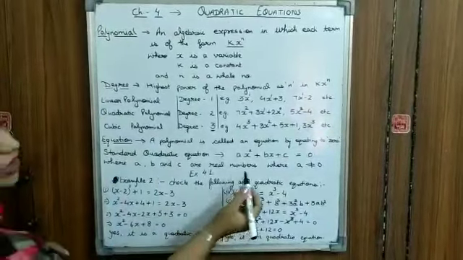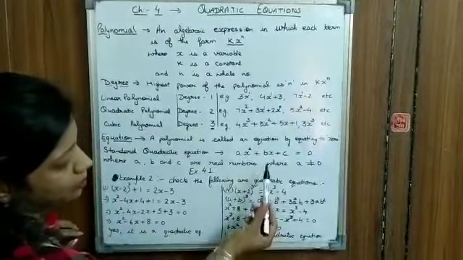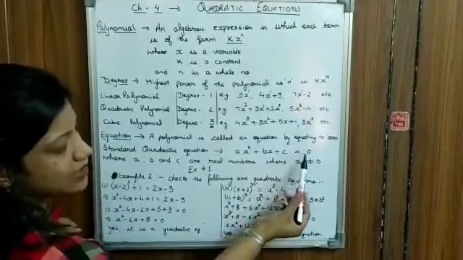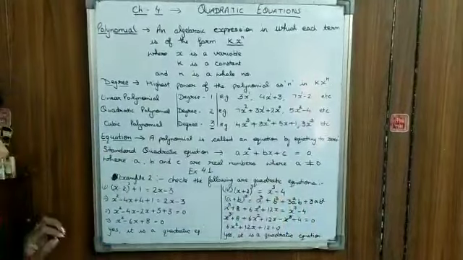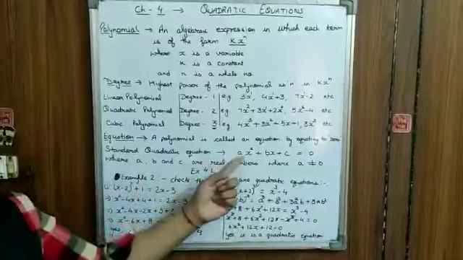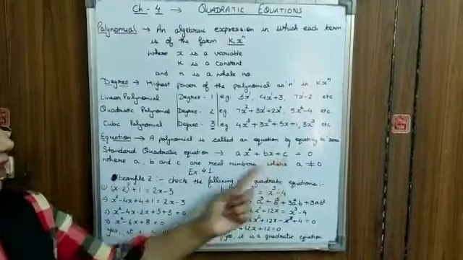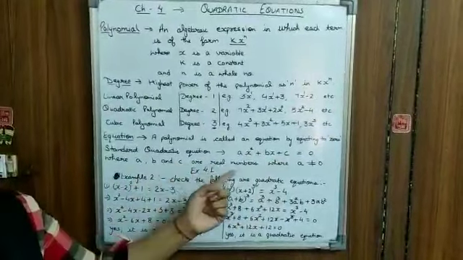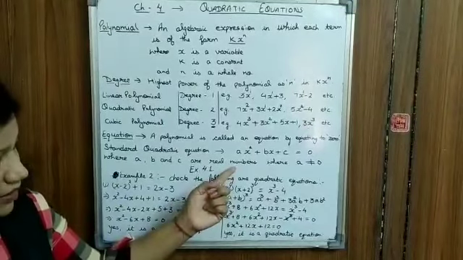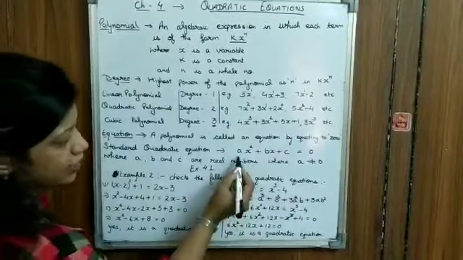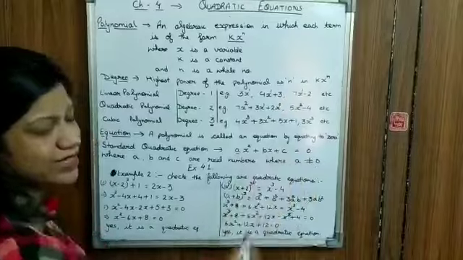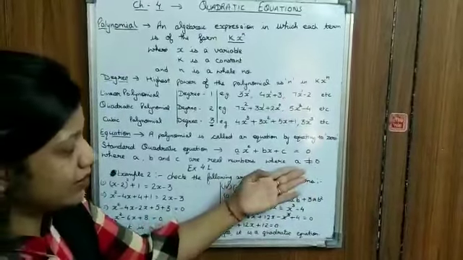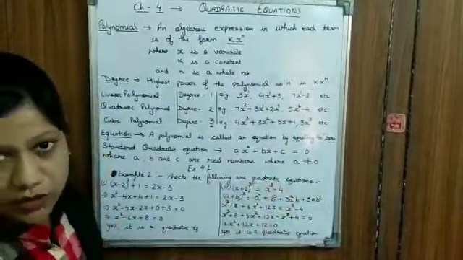Standard quadratic equation is ax square plus bx plus c is equal to 0, where a, b and c are real numbers. And the condition, this a should not be equal to 0. What is the reason behind this? Why it should not be equal to 0?